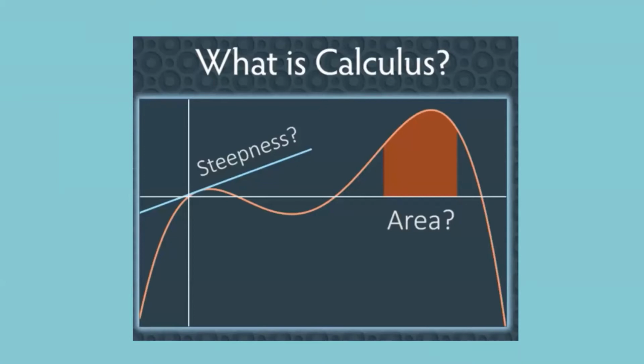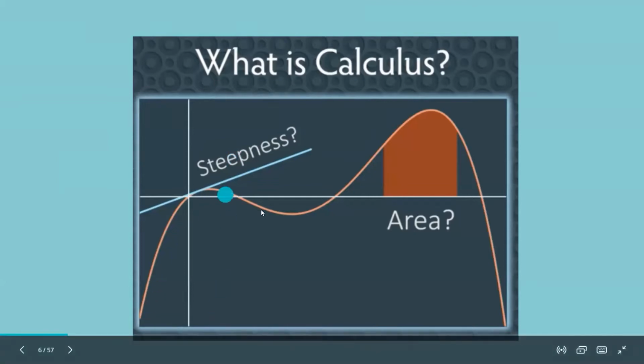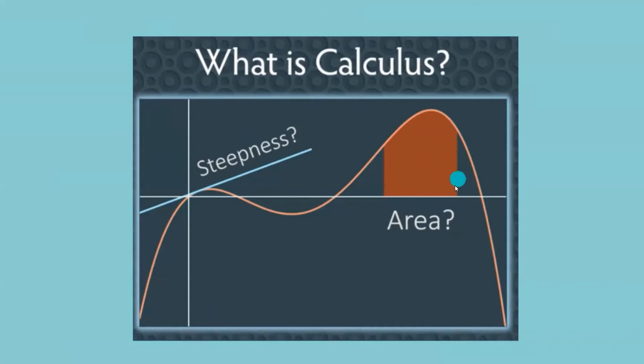I have drawn a line here and I have to find out the steepness, how steep the function is at this point. The structure of the graph is like this, and I have shaded some area here. I want to calculate the area underneath the graph. I have shaded this portion, so I need to find the area below the graph that is shaded.